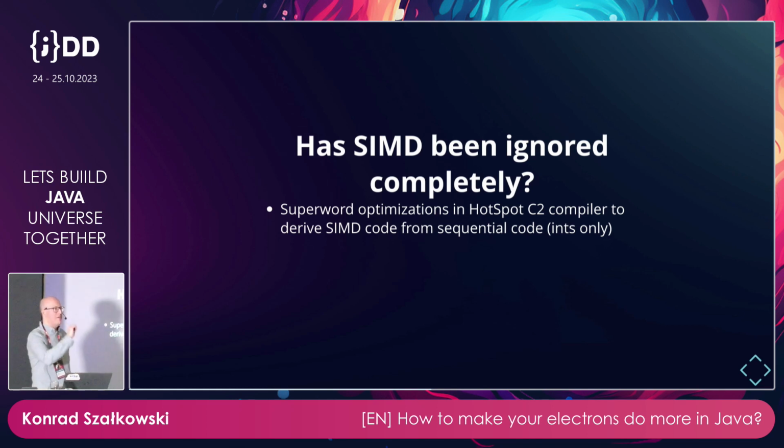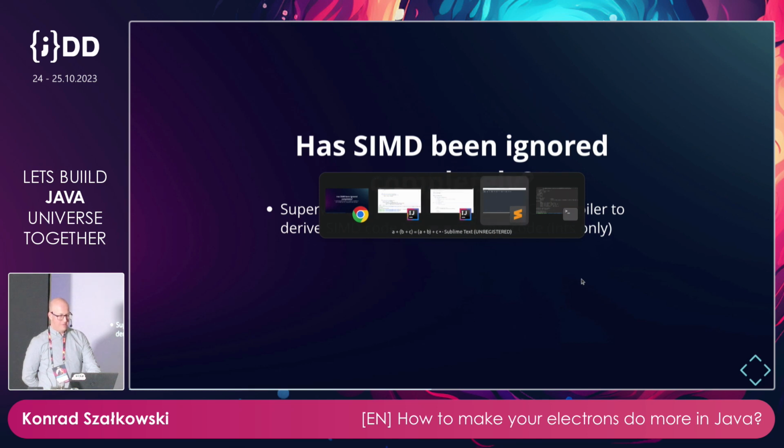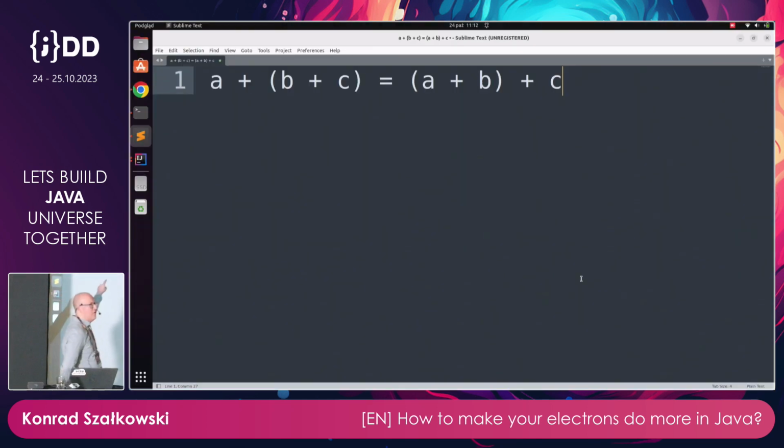But this happens only for integers. Can anyone tell me why only for integers? Can anyone guess? No, not only integers. It also supports floating points. But the problem is different. Does this equation hold true in floating point operations?